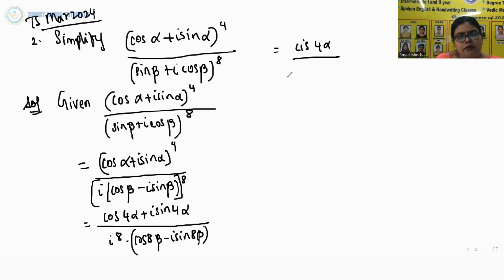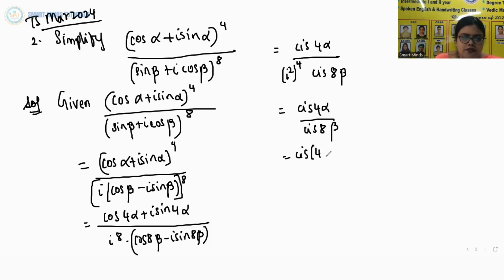By i power 8 we can write (i square) whole power 4. And this is cis 8 beta. i square is minus 1. Minus 1 whole power 4 is plus 1 only, no? So this will become cis 4 alpha by cis 8 beta.